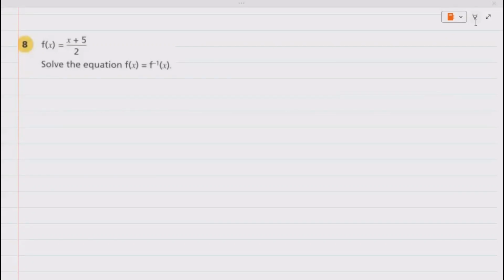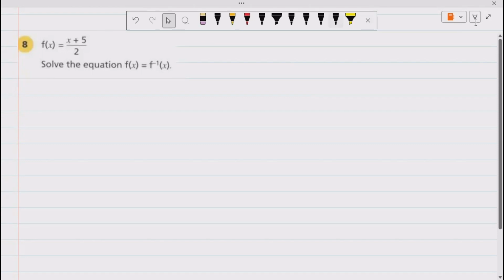Okay, let's do question 8 of 21b. In this question, we are given f of x equals (x plus 5) over 2, and we have to solve the equation such that f of x equals f inverse of x.